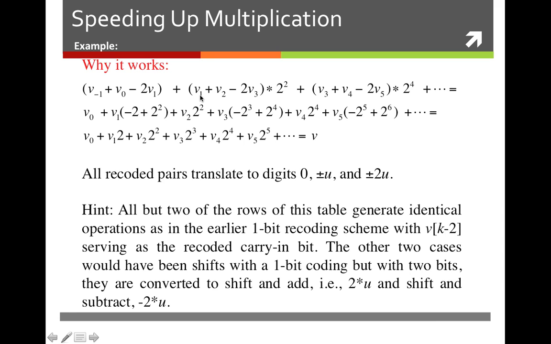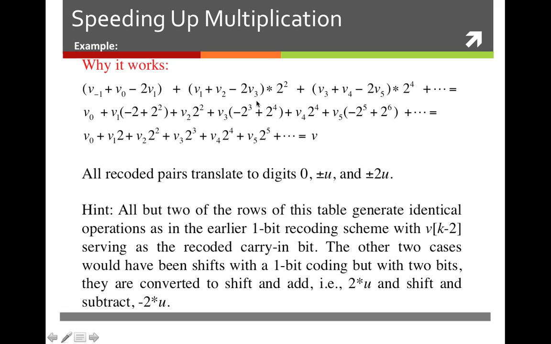And therefore you got this 2 times V1 term, which is what you wanted to have. Now you look at the next term, V2 times 2 squared, with a plus sign. And there's nothing else in here which would cancel that, so you keep it as it is.